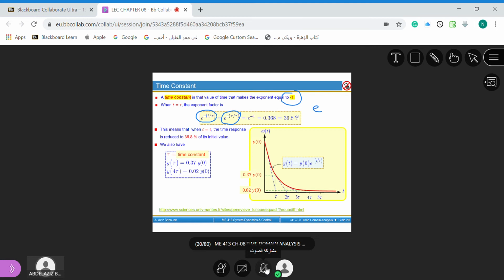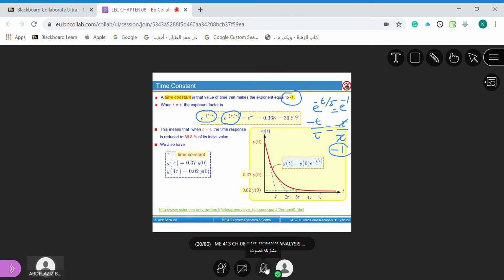Exponential minus t over tau should be equal to exponential minus 1. To have the exponent equal to minus 1, we need minus tau over tau, so t will be equal to tau. You simplify this, and the exponential will be equal to exponential minus 1.